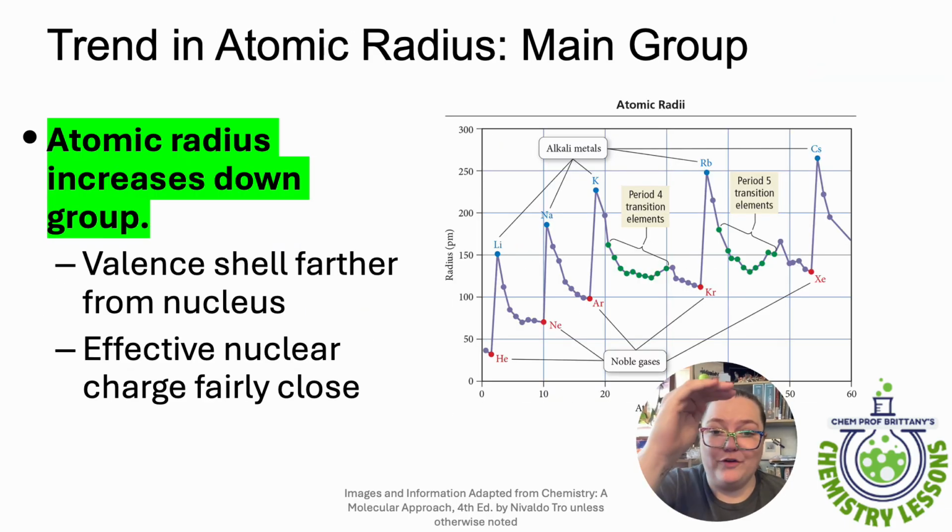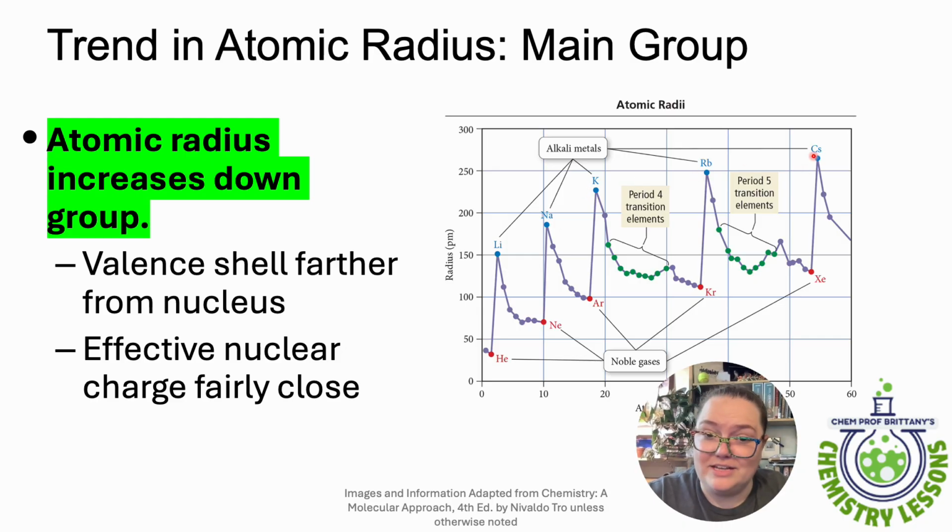Alright, as I go from top to bottom in the periodic table, our atomic radius increases going down a group. So again, same graph here, but as I see, I've got lithium, sodium, potassium, rubidium, cesium. These are our alkali metals, and as I go from top to bottom, I'm getting bigger and bigger.